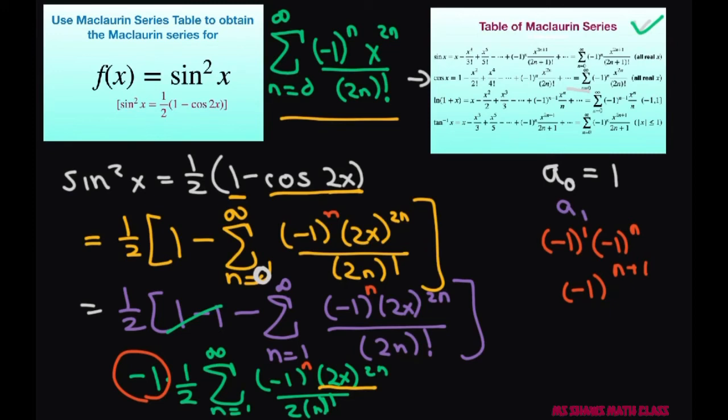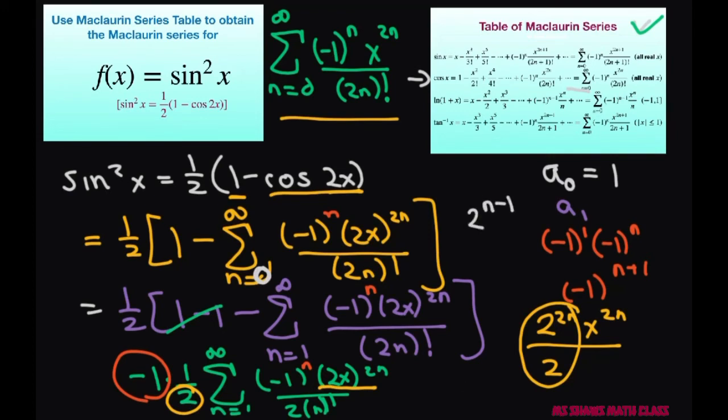So when we multiply this 2 through, we're going to get 2 to the power of 2n times x to the power of 2n, and we're going to have this divided by 2. So this part right here is going to turn into 2n minus 1, because this would be 2 to the power of 2n, and this is just 2 to the power of -1.